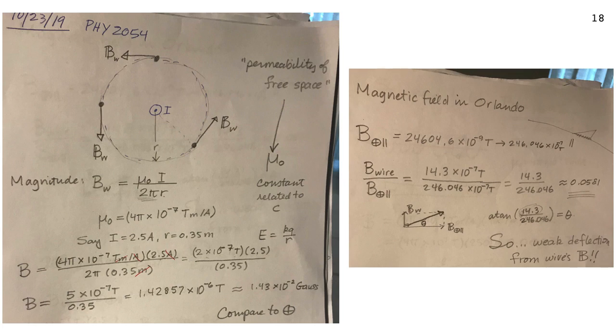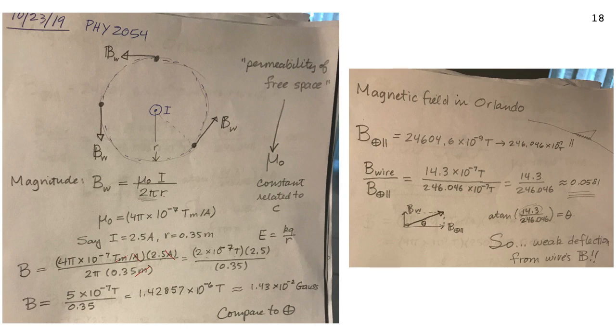Now you can see here that the meters cancel. I'll use my red ink for that. And that the amperes in the numerator go with the per ampere in the constant. So those cancel out. So I'm left with Tesla. That's good. It's a magnetic field.